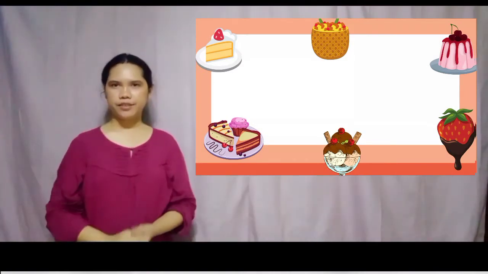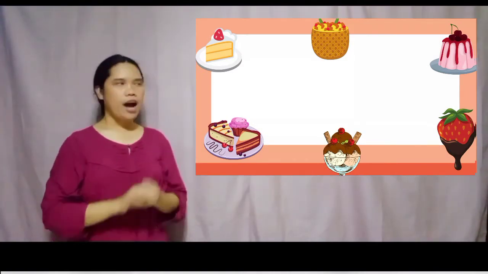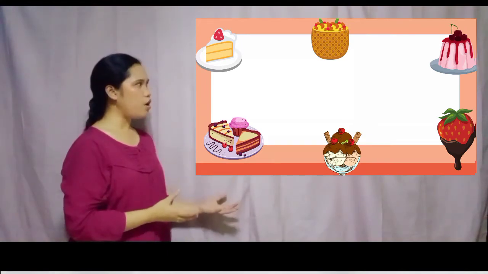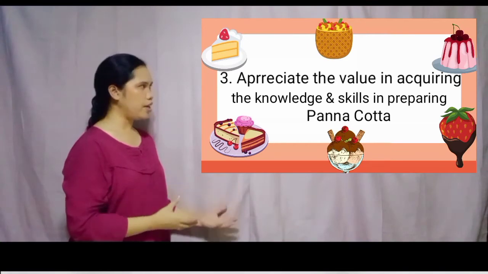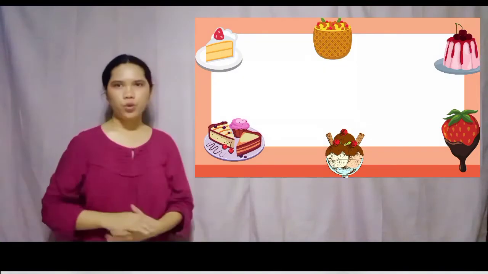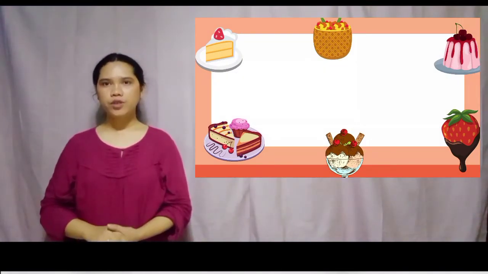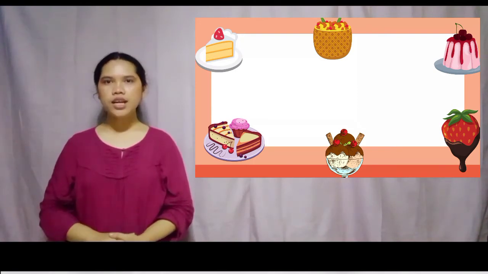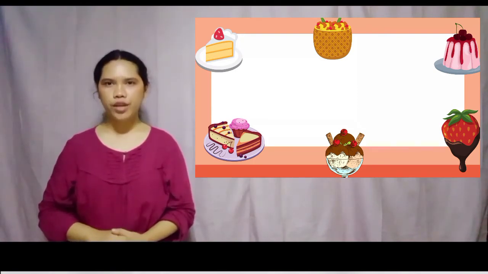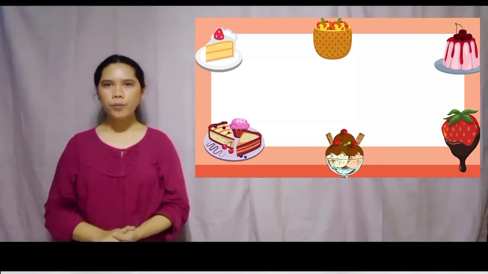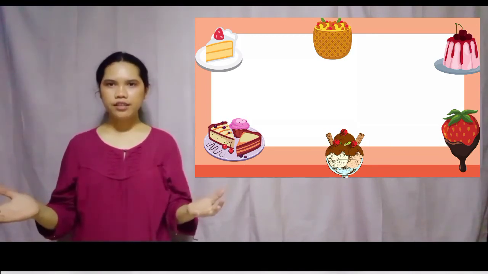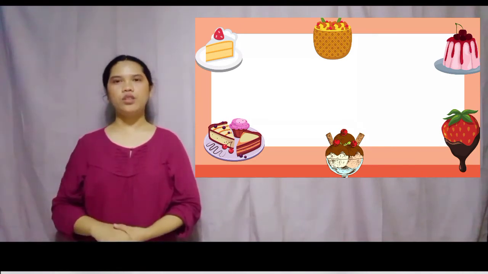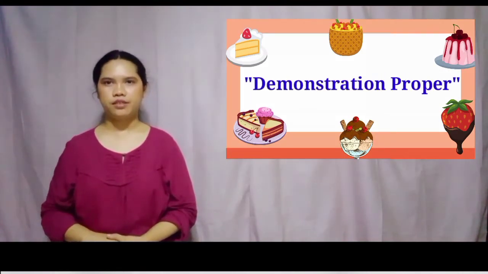Number 3, appreciate the value of acquiring the knowledge and skills in preparing panna cotta. So, those are the objectives of our activity for today. I hope that it is clear to everyone. Okay? So let us now proceed with the demonstration proper.